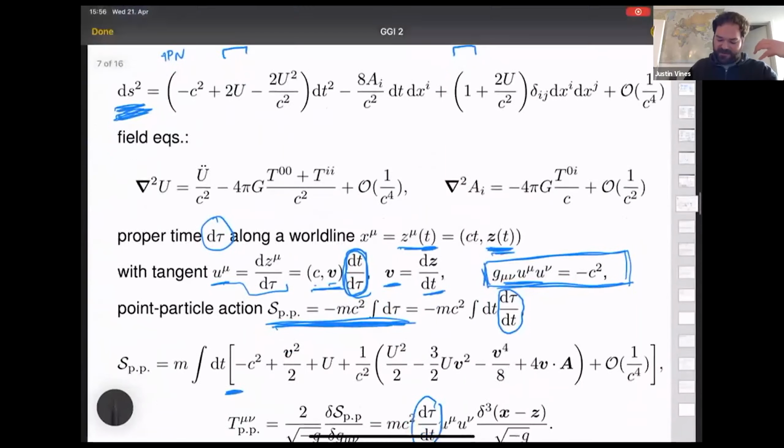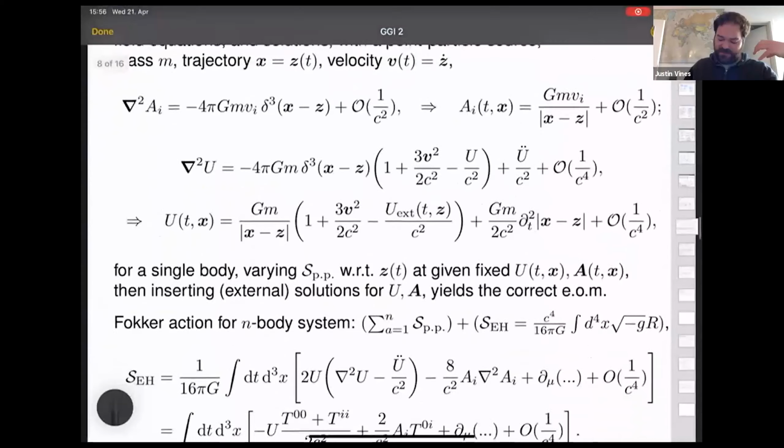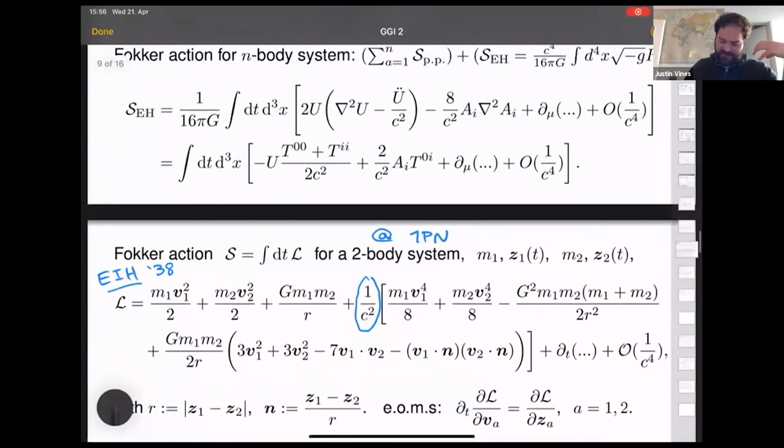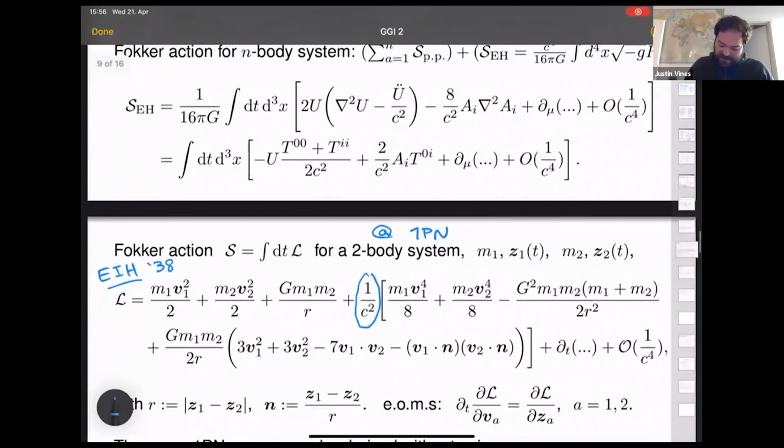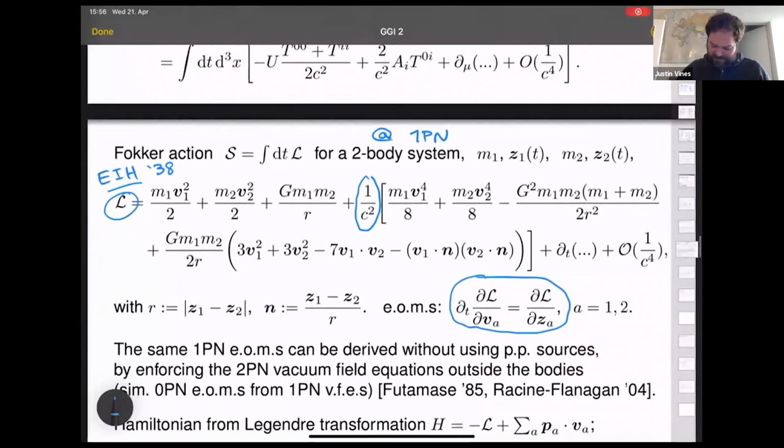These are the coordinates used for these world lines, which are governed by these Euler-Lagrange equations with this Lagrangian. Okay, that's important.